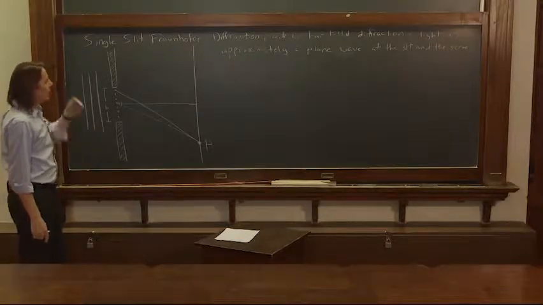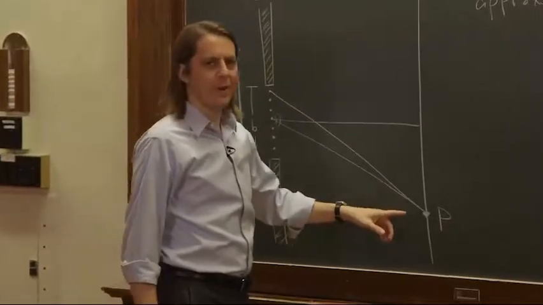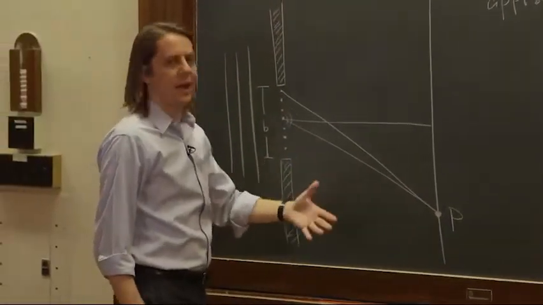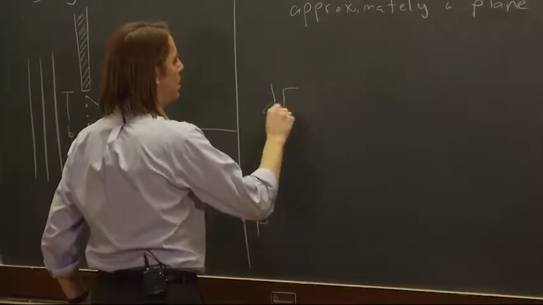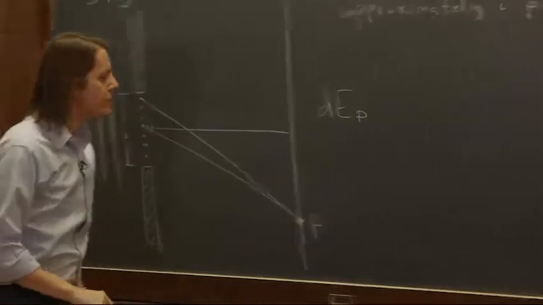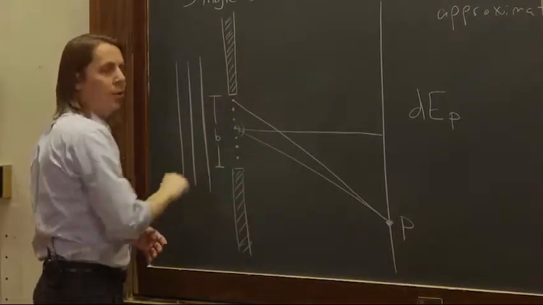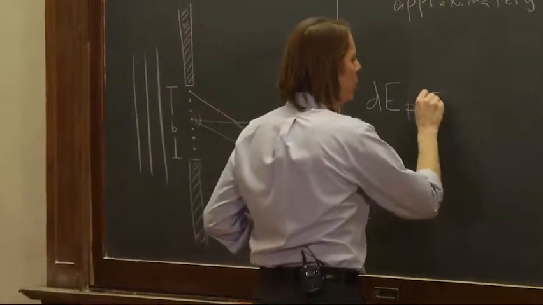Just like with interference, the way we're going to find the intensity or the irradiance at point P is we're going to add it up. So we're going to say dE_P, the differential electric field at P, is due to one of these little wavelets. What does dE_P equal?